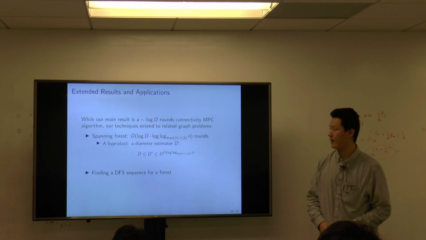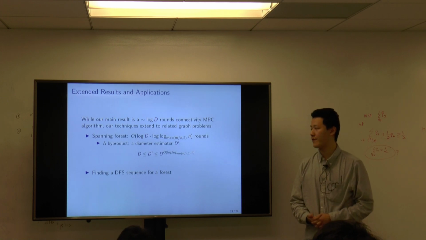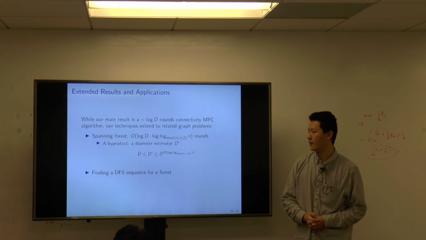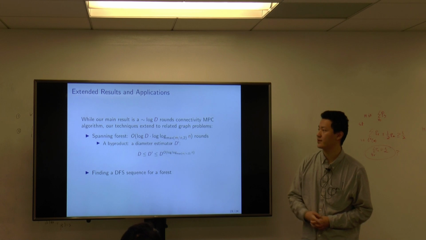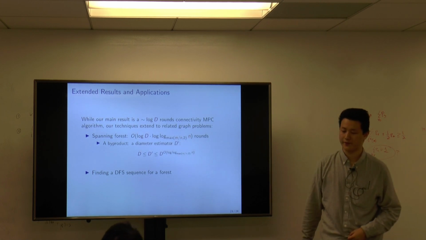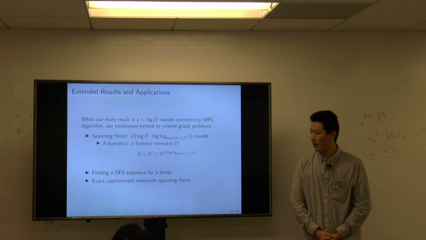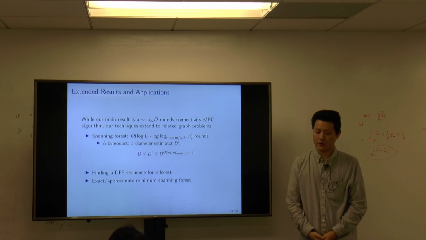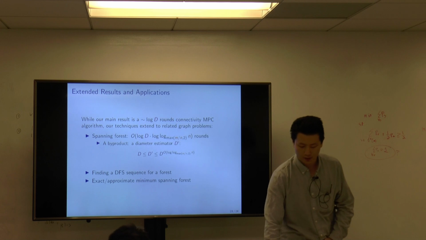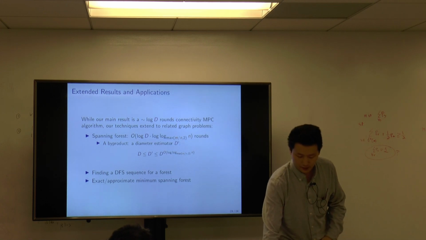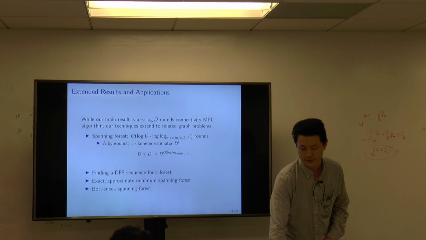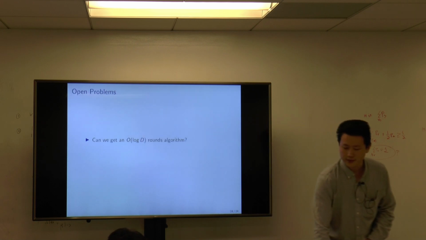We can find the DFS sequence for a forest by applying our spanning forest algorithm and our connectivity algorithm. We can also use this algorithm to solve the exact or approximate minimum spanning forest problem and the bottleneck spanning forest problem.